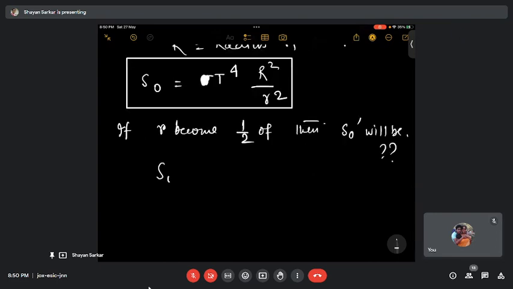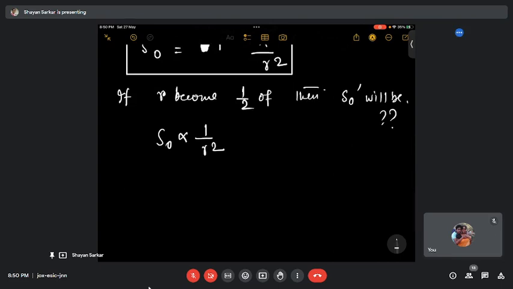Initially we know that S0 is proportional to 1 by r square, correct. Now r become half of r, so now S0 dash is proportional to 1 by half of r square.